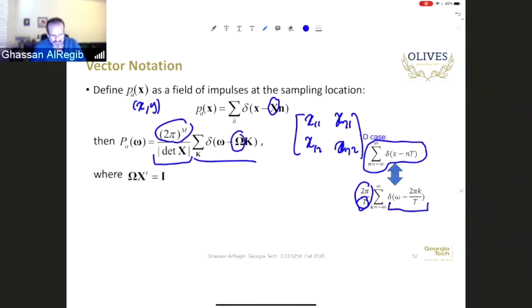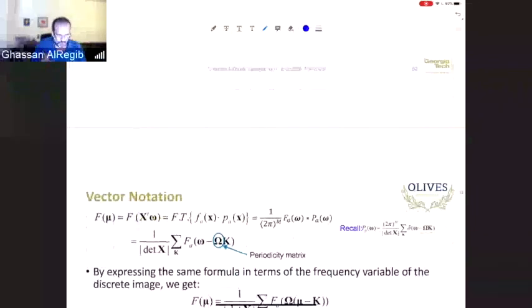In the 1D case, it was 2 pi over T. In this case, you can think of it as this capital omega matrix times the transpose of our sampling matrix X, where the product between the two gives me the identity matrix. So now you are starting to see where we are heading.